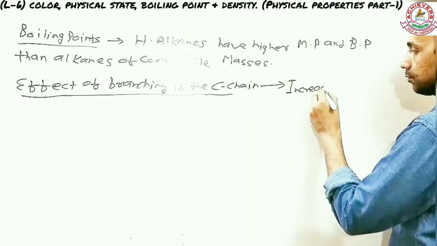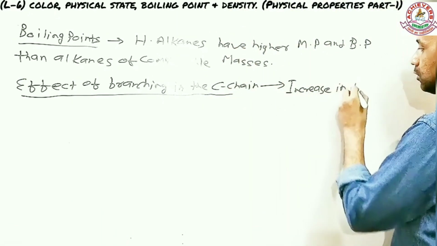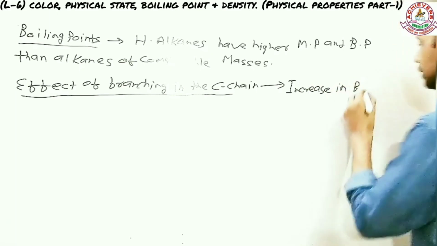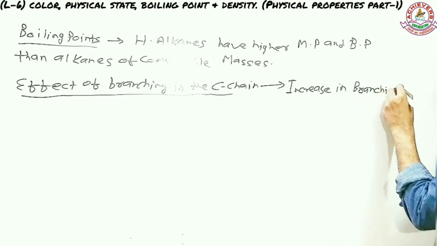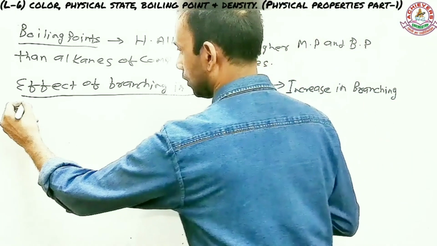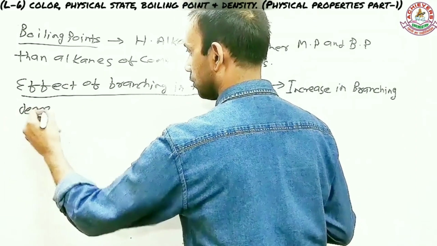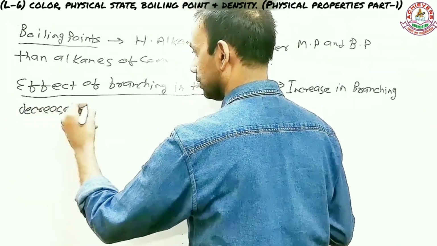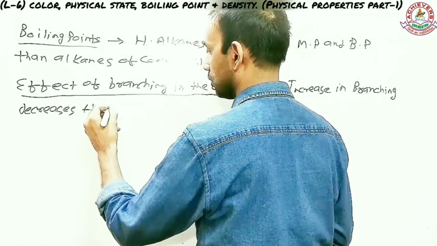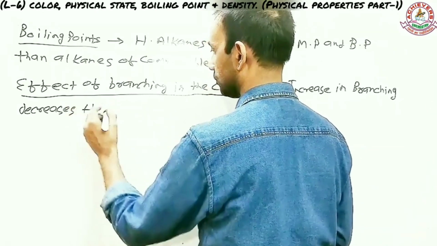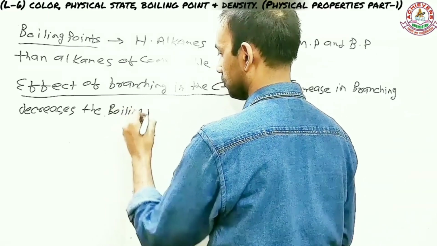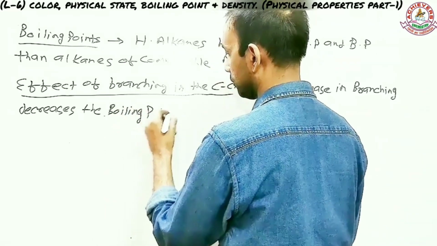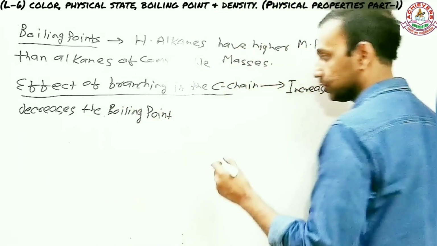Increase in branching decreases the boiling point. Let's get to know why this is.